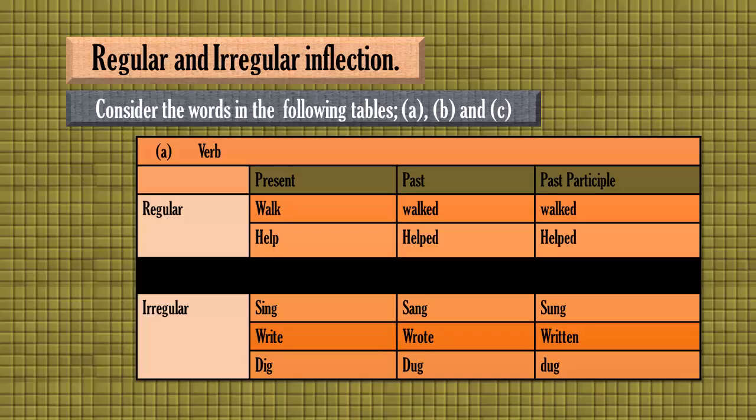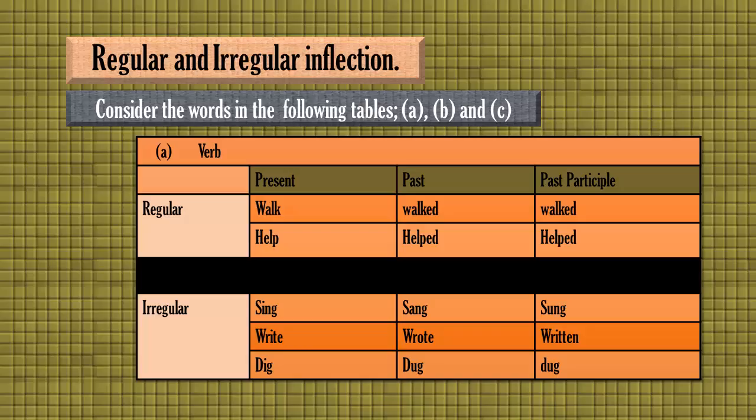And in the same table, we see irregular verbs such as sing, write, and do. The past and past participle of these verbs is made by changing the internal vowel sounds, and they are termed irregular verbs. So, the inflection in a regular verb is regular inflection, and the inflection in an irregular verb is irregular inflection.